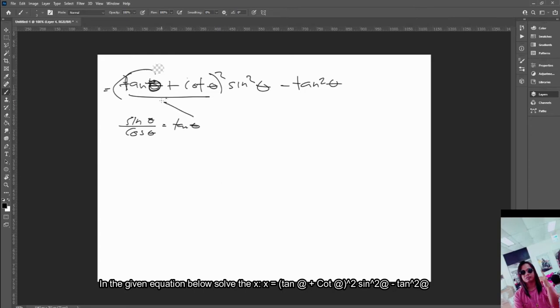So that's why I've said that we can find, how do you call this, expression or function? Is that a function? Correct me, guys. So we can use this to substitute tangent theta.